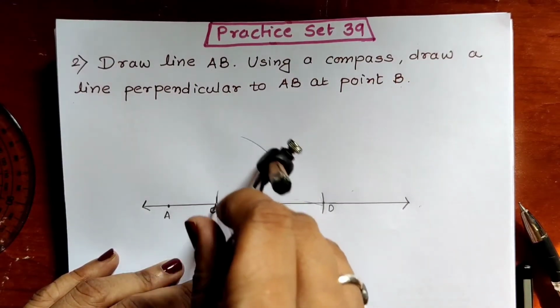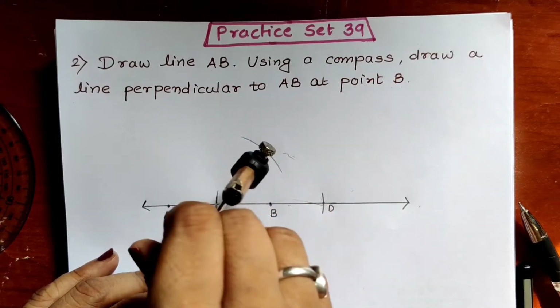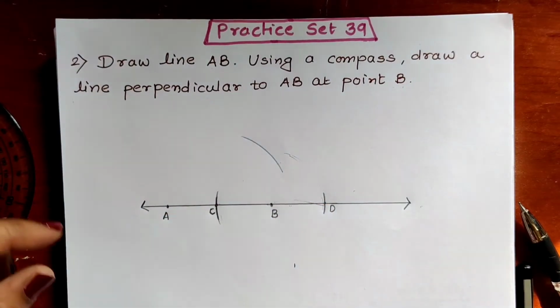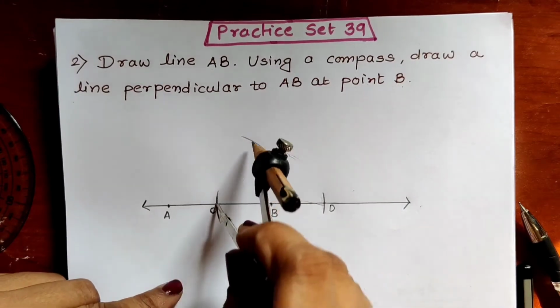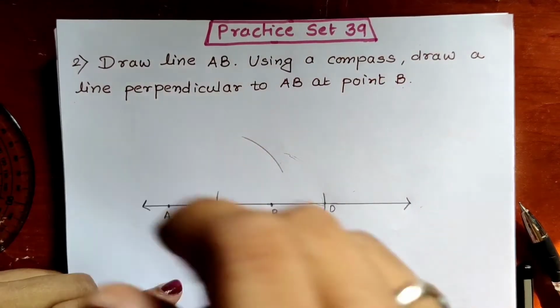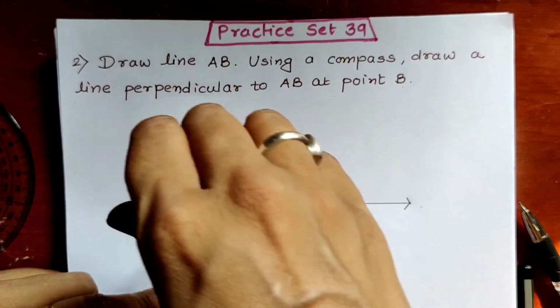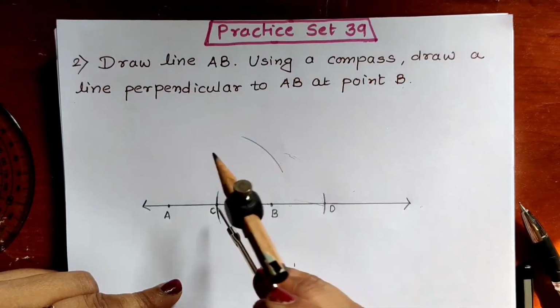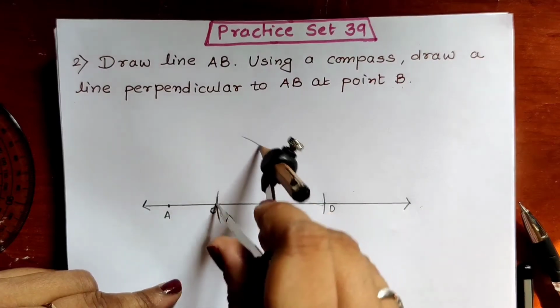Okay, here see, I have drawn here. In this way, if you want, you can draw the arc in the downward direction also, but otherwise it is not needed. So from point C I have drawn one arc.